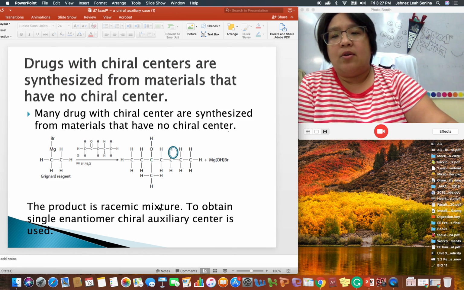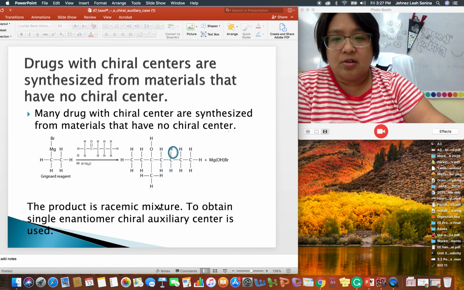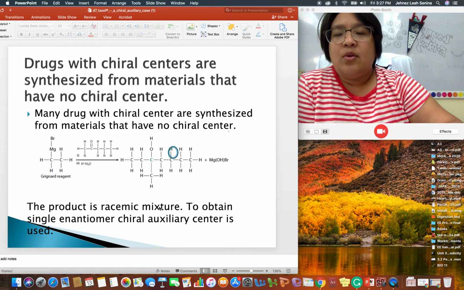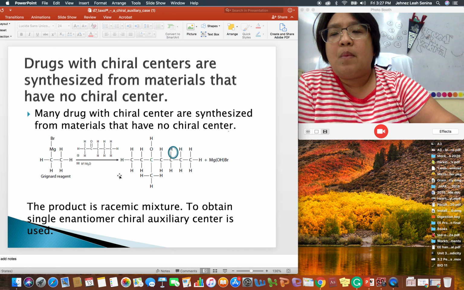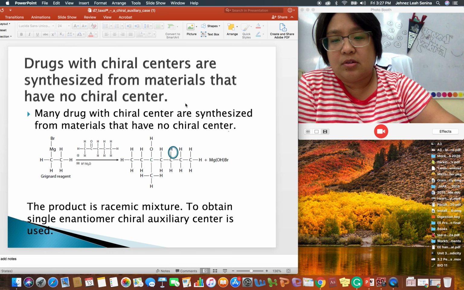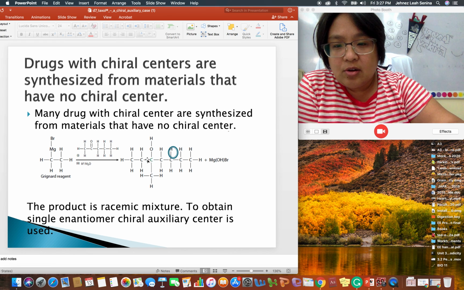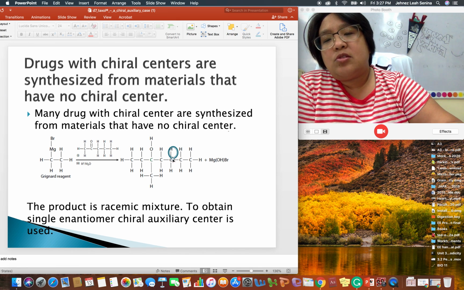Now, drugs with chiral centers, like thalidomide, we can synthesize from materials that have no chiral centers. Like this one right here, it's a drug with a chiral center. This is the chiral center: one group, another different group, and then another different group. This drug can be made using non-chiral materials like this one.